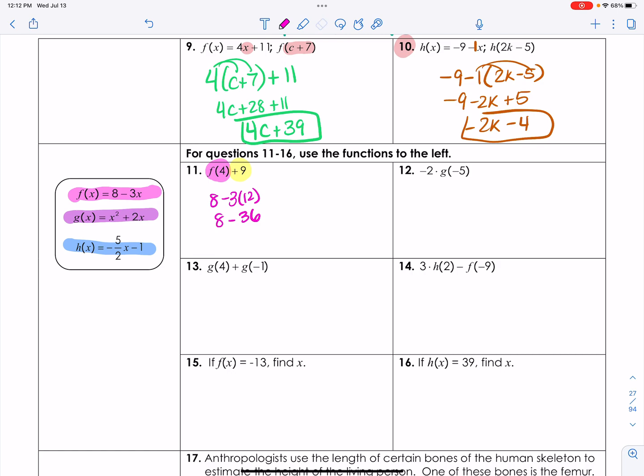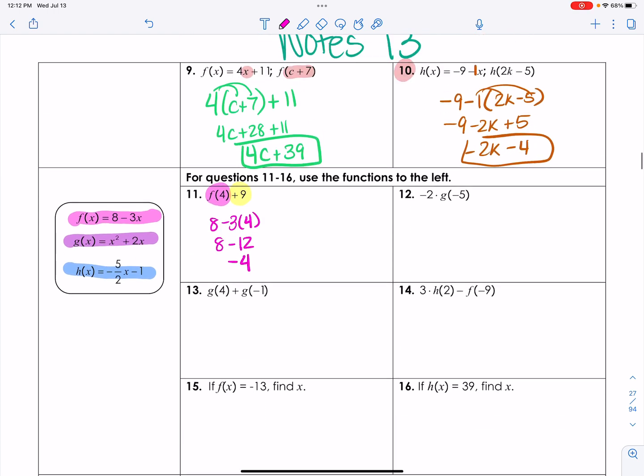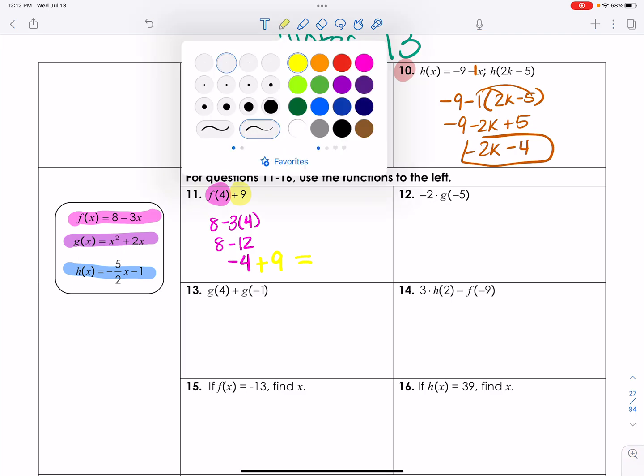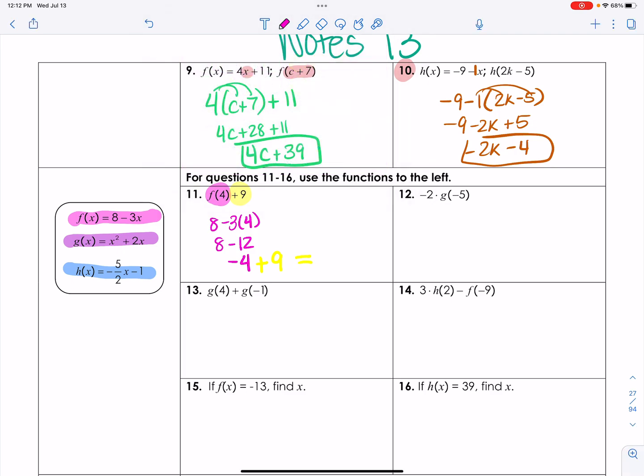Oh, it's a 4. I multiplied it. I am so sorry. You're putting 4 in, right? So that's 8 minus 12. So that answer is negative 4. Okay, but then I've got to deal with the plus 9. So I'm adding 9 to it. So my answer, that yellow is terrible, so my answer is 5.